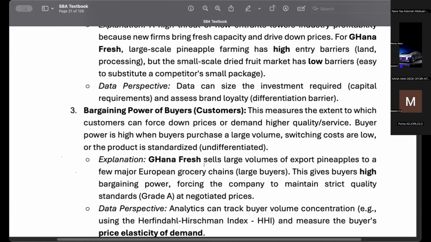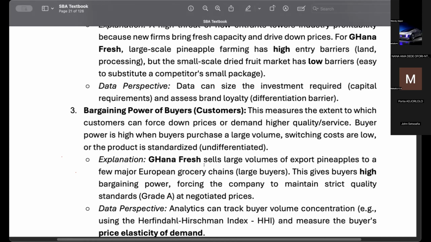I think you come across this in some of your calculations in other classes. By the time we get to knowing how to use some of the mathematical models in this class, I'll come back to this and hopefully show you how to use it to do a calculation. Then I'll also measure the buyer's price elasticity of demand.